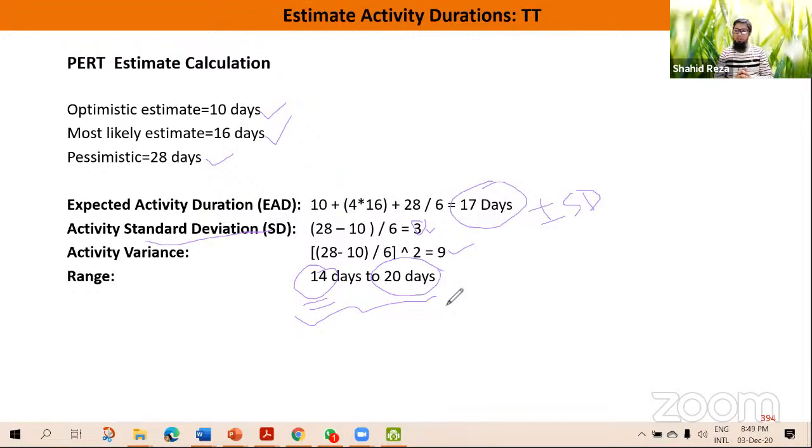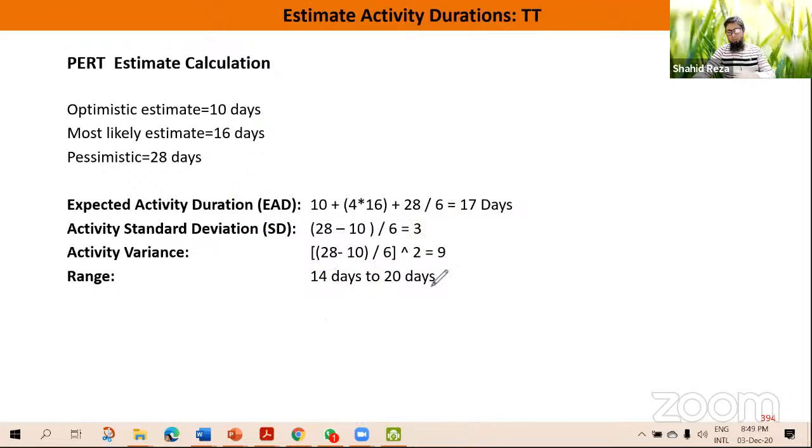Sometimes it is required to inform the sponsor or stakeholders how much range the activity will take to finish. Maybe this activity will finish in 14 days, or at maximum it will take 20 days. It will not exceed 20 days. So this is the range of the activity.